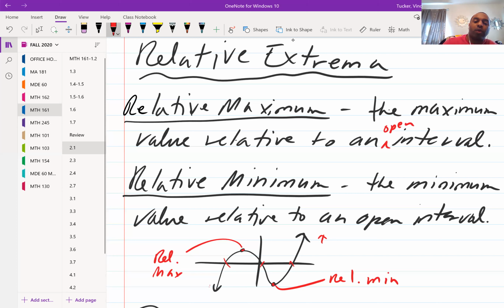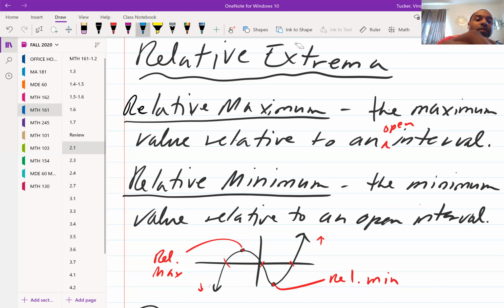If you wanted a relative minimum, something like this value right here could be your relative minimum. Relative maximum is the largest or highest value in that interval. And down here would be a relative minimum, because that would be the lowest value in that certain interval. So it just depends on where your intervals are, where your highest value and your lowest value would be.